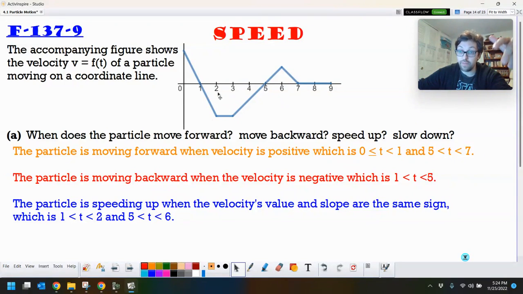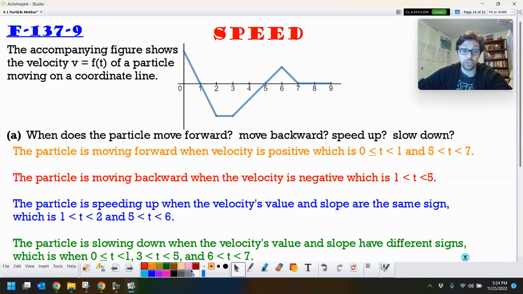These are all negative values down here. So here we would say that the particle is speeding up since the velocity and the slope have the same sign. Over here, we would say as well that the particle is speeding up because the value of the velocity and the slope of that velocity, acceleration, are both positive.